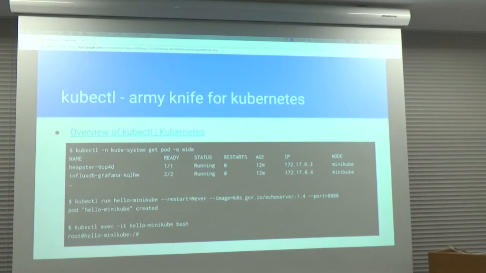So you can create, list, update, delete all Kubernetes objects, pods, services, everything. This small command, kubectl get pod, lists your pods in the namespace. And the second one is to spawn a pod. And the last one is getting a container shell with kubectl exec. If you are familiar with docker exec, this is really easy to understand.